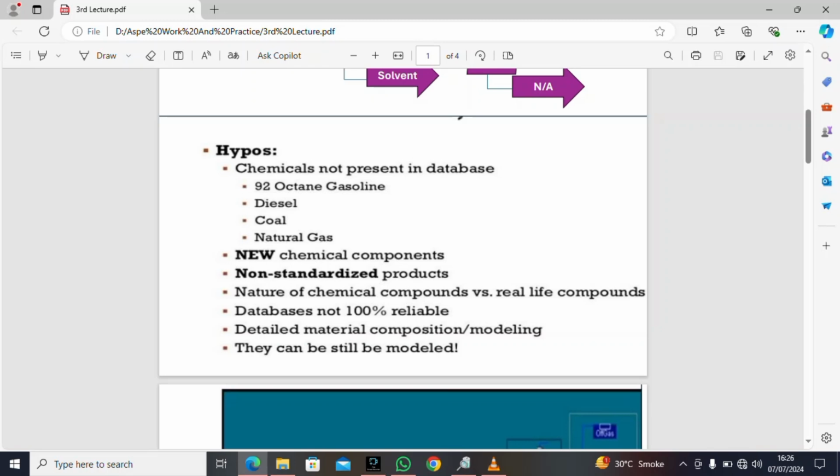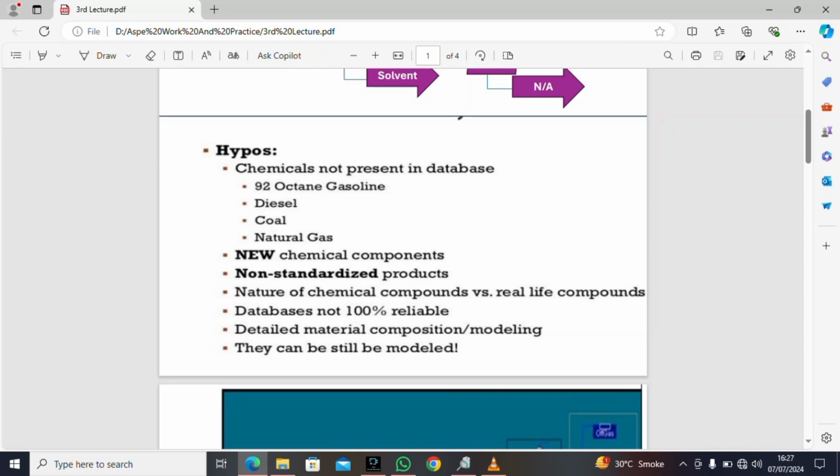They have different boiling points, different freezing points, and when you calculate, it is not the same. You get a not very precise phase diagram. So you will want to change these characteristics individually in the simulation, and you will get better results. Whatever the reason, you need to know how to model your hypos. Once again, they can still be modeled.